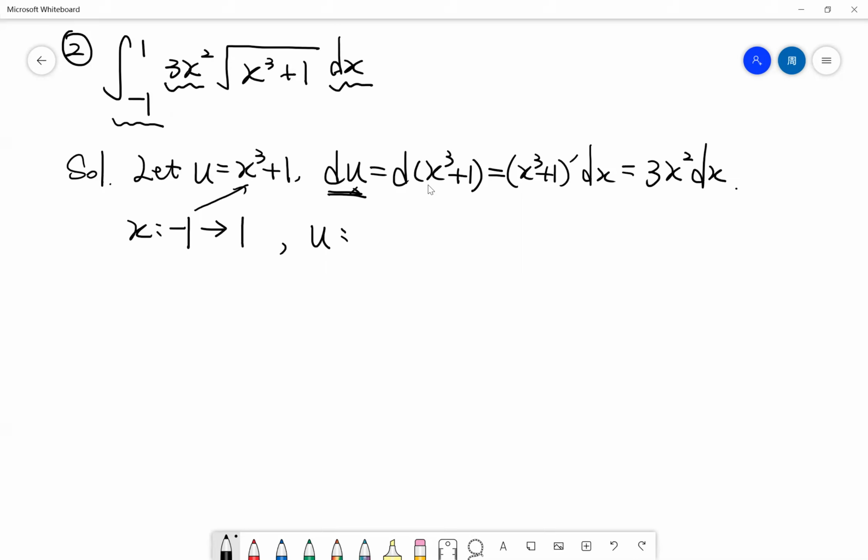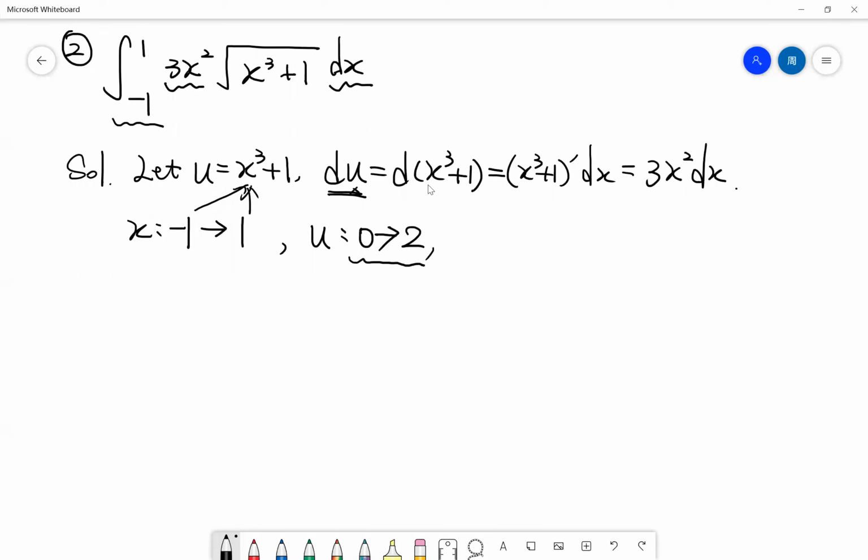So that is -1 plus 1 means 0. And then we substitute 1 into this function, so that means 1 power 3 plus 1, which means 2. So the limit of the integration for u should be from 0 to 2.